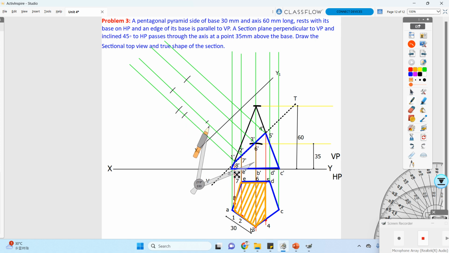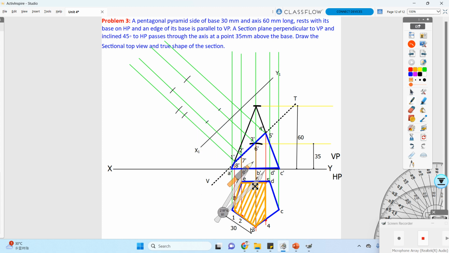Then once again on the axis I am placing my compass and measuring my distance from this point and keep it over here and doing my arc cutting on this point.